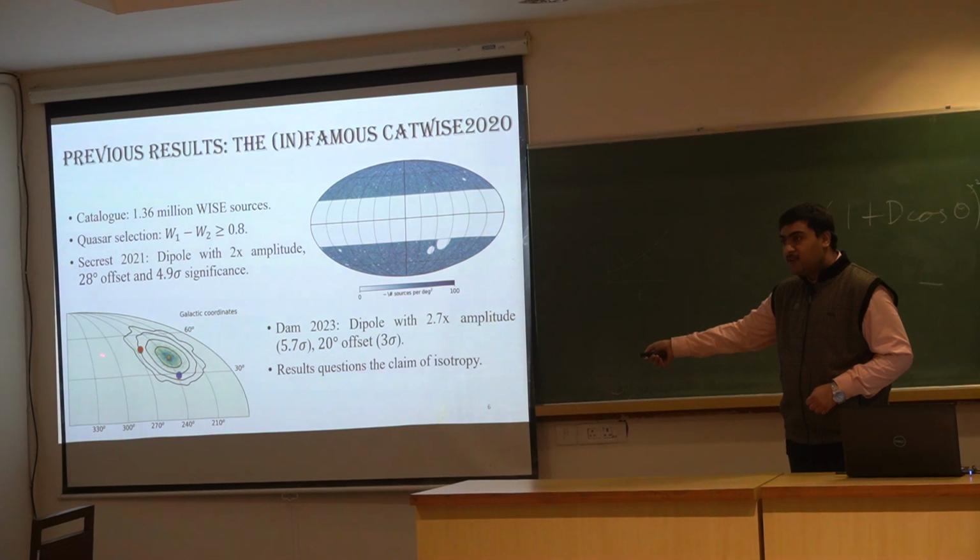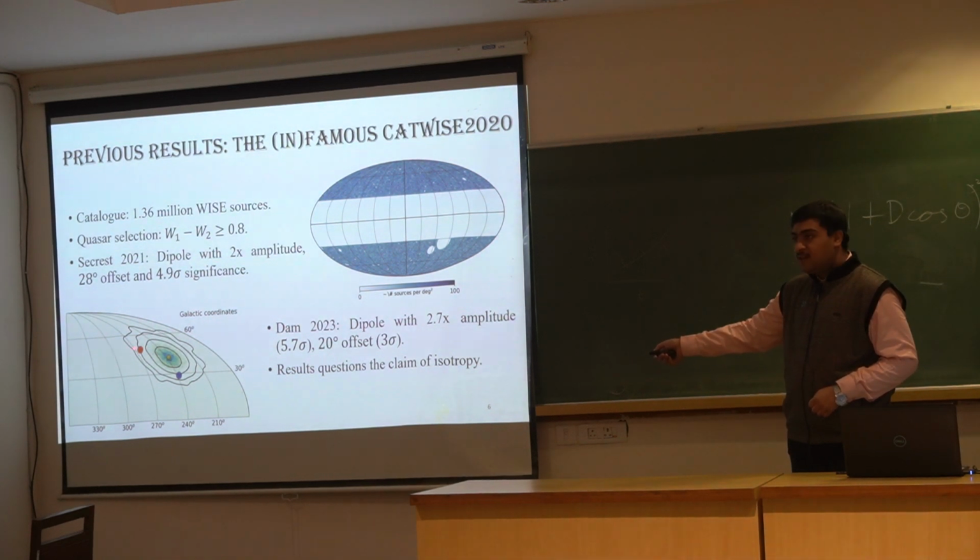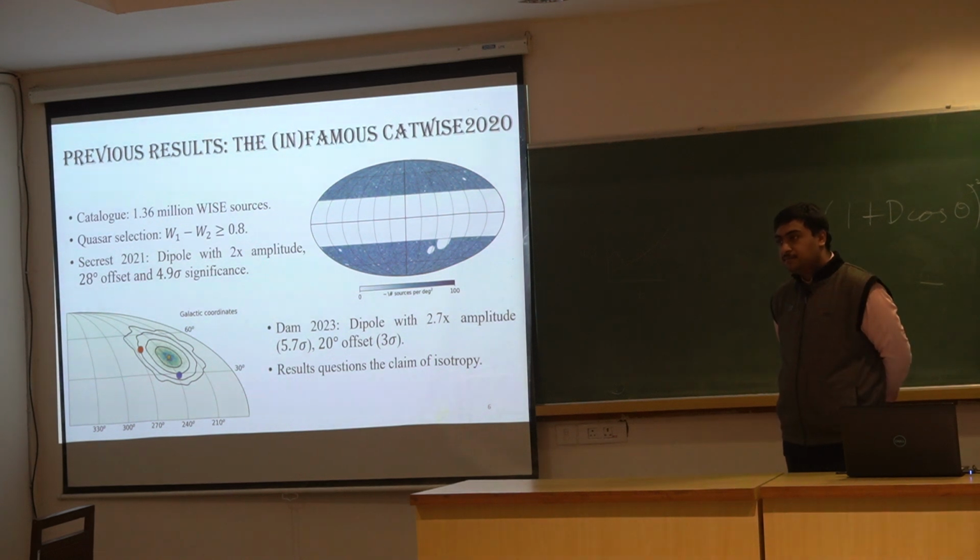So if your CMB dipole is this red spot, what these people found was that it was in the blue spot and it had twice the strength. If your CMB dipole is here, their dipole would be here with almost three times that. But still there is a dipole in the CMB, it's still non-isotropic.